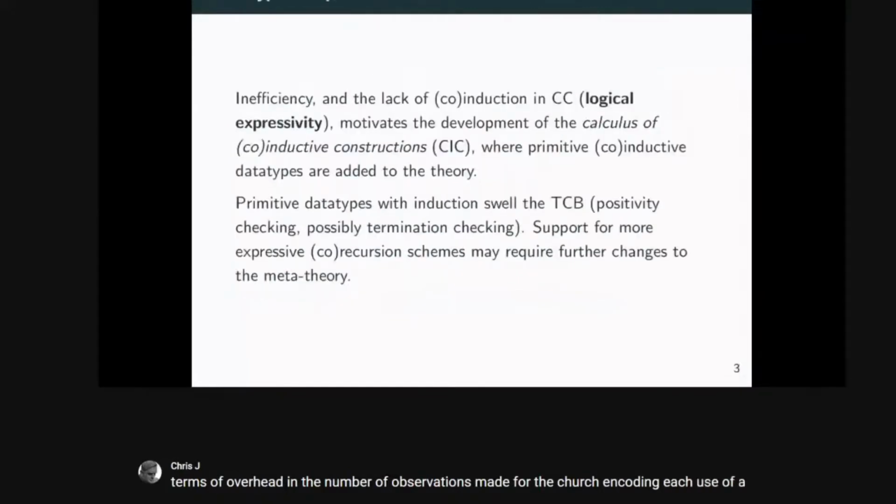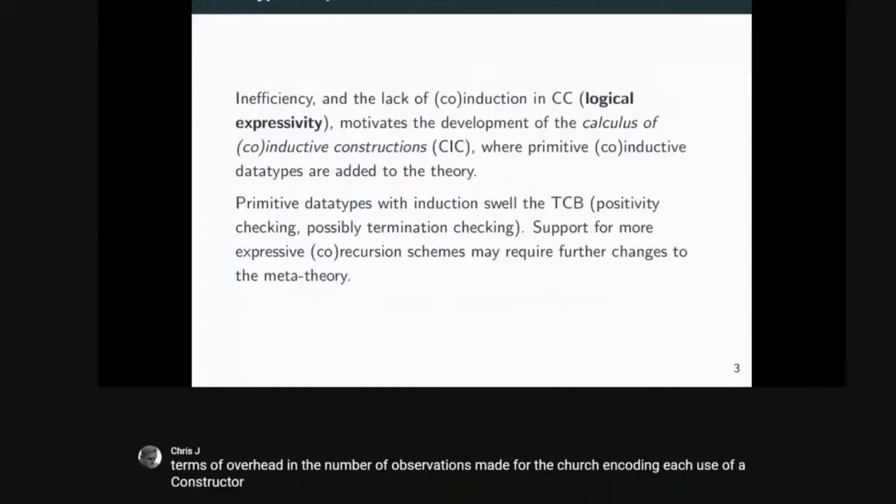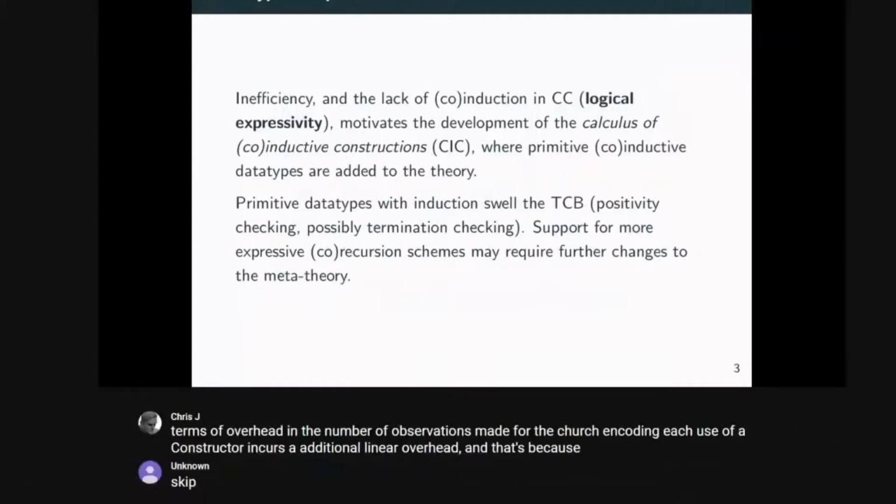Now, inefficiency and lack of induction and coinduction in the calculus of constructions, that is the matter of logical expressivity, motivated the development of the calculus of inductive and coinductive constructions, where primitive data types are added to the theory. But there is a little bit of a trade-off here. Primitive data types with induction swell the trusted computing base.